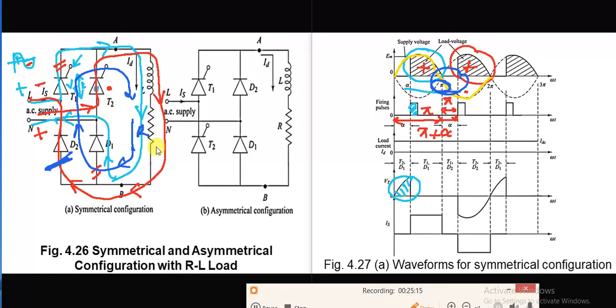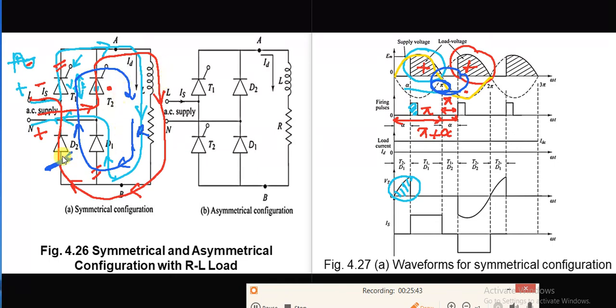So there is no half waving, and SCR T1 will not conduct during this negative half cycle also. In the previous sections, we have discussed that the SCR T1 continues to conduct during the negative half cycle because of this energy stored by the inductor.